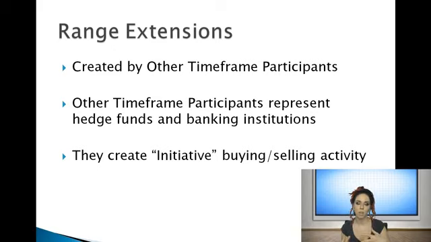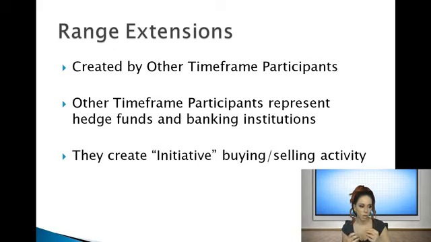So therefore we have a concept of locals who trade the day time frame, creating responsive activity, versus the other time frame participants who create the initiative activity clearly visible on the profile. When the initial balance range gets extended, that means that we can possibly guess what kind of a day type we have. So it's all coming together now.